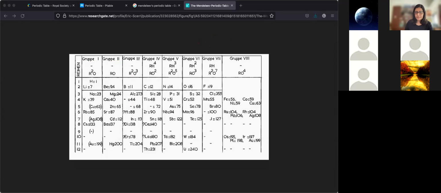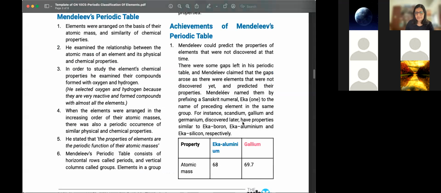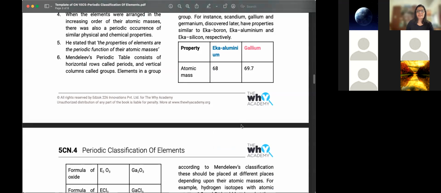Okay. So which were those elements? Like gallium he predicted, scandium he predicted. Germanium is another one that he predicted. So gallium, after it was discovered, people called it gallium, but Mendeleev called it eka aluminium. So kind of to mention that it is similar to aluminium, but it's not aluminium.